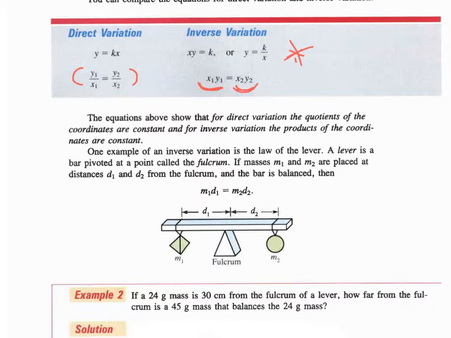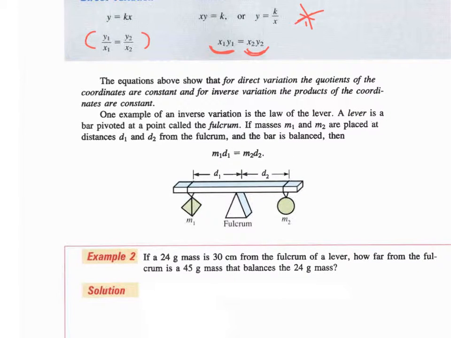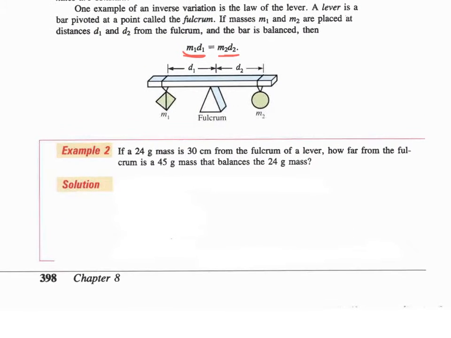So here's an example of a word problem. Notice here, they've got a fulcrum, and it's showing how it's balanced. They're taking the masses and the distances, and multiplying them. And they want to know where the bar would be balanced. So let's see if we can work this out.